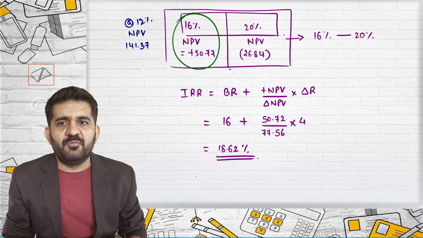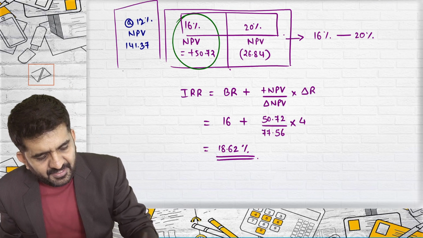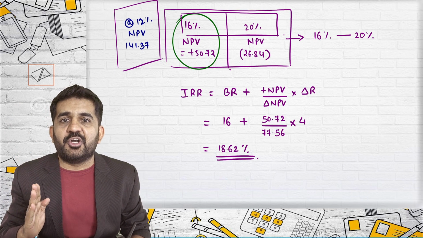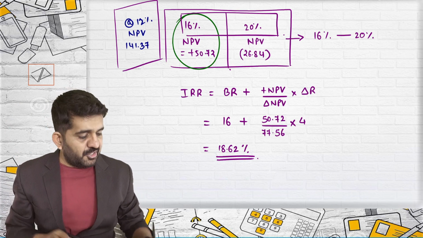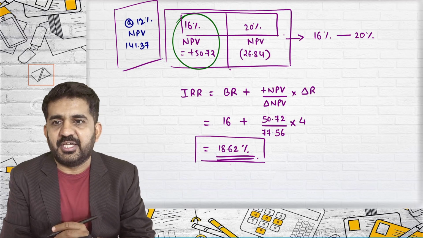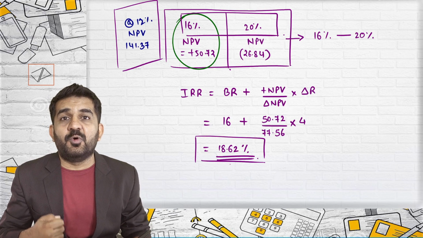It is 141.37. It is not 0. NPV is NPV at required rate of return. So the project is required to earn 12%, and it is earning exactly 18.62 percentage.